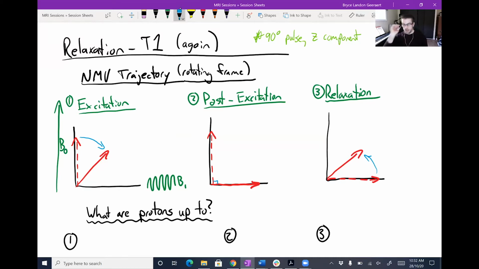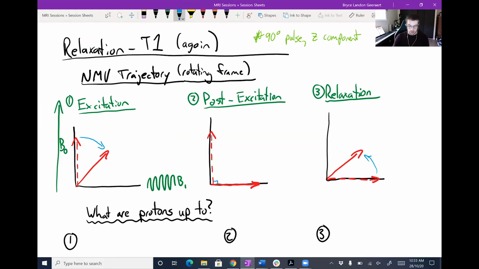So typically it's convenient in MRI to talk about what's going on in terms of classical vector physics and the interactions between magnetic fields that way. But sometimes it's useful to break it down and ask what's going on with individual protons. So I want to talk about that above and beyond the NMV-based understanding we have right now.